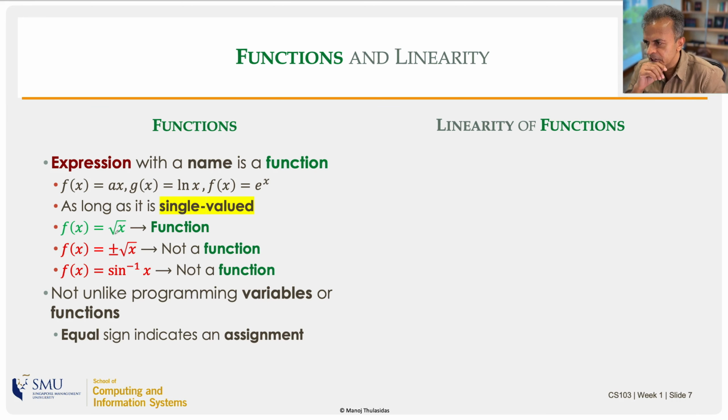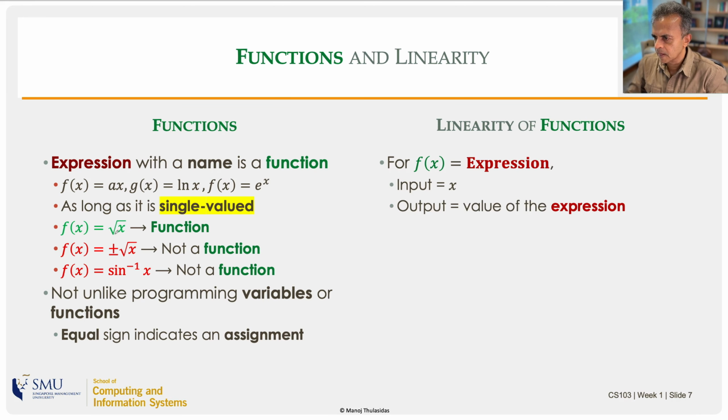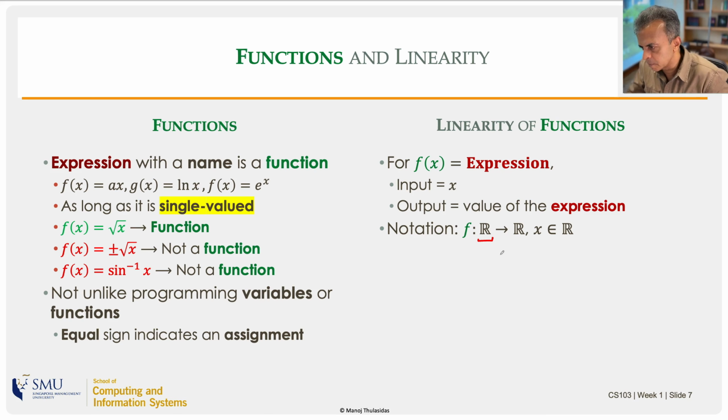Now let's continue and define linearity for functions. Remember, a function is a label equal to an expression. A function of a single variable x, f of x, is an expression in x. So input is x, output is the value of that expression. And there's a notation that you will write, f colon R to R. This double-struck R here is the set of all possible real numbers, and x is a member of that.